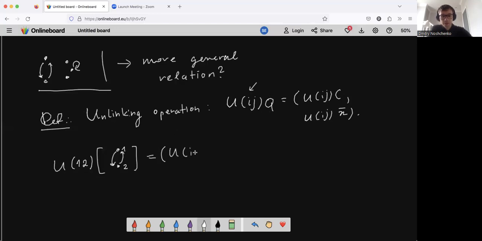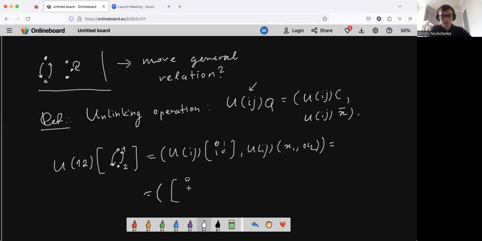To make it completely clear, we have uij acting on the adjacency matrix first. The adjacency matrix was just 0, 0, 1. And then uij acting on the vector, and the vector was just x1, x2. Now we want to evaluate this, and the evaluation gives the modification of the matrix first.